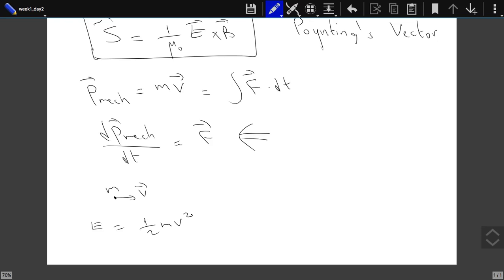Let's look at a later time. So initially it was here, and now it will be somewhere over here. Now, it still has the same energy if there are no external forces.